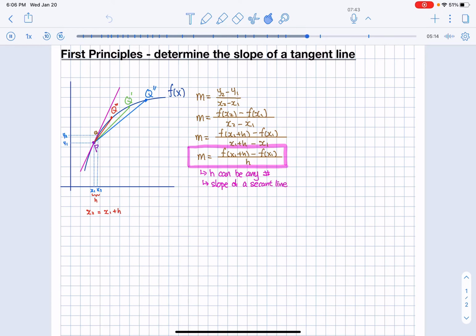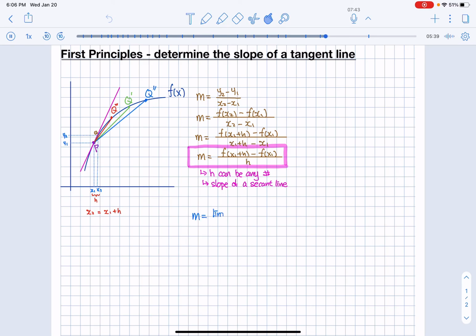In order to find the slope of a tangent at point P, that means we want to choose a second point that is extremely close to point P. That means h, the difference between the two x values, must be very small. Therefore, we write slope equals limit.